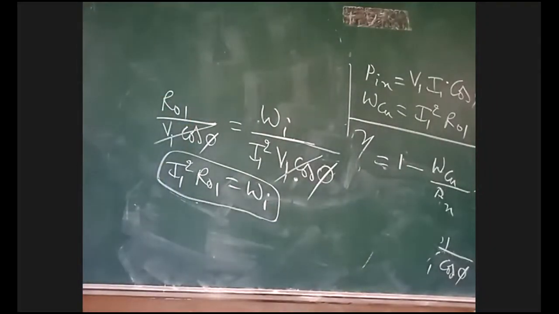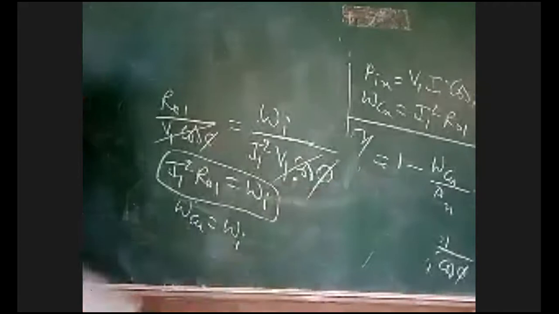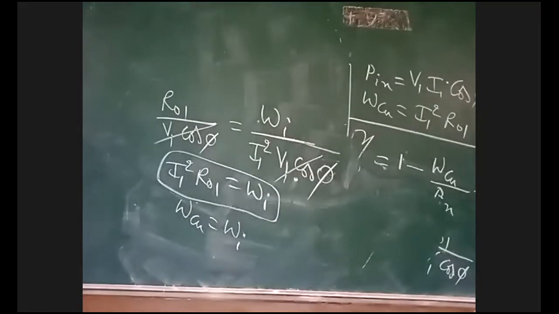After taking the derivative and equating it to 0, we are getting the condition for maximum efficiency. On the left side, I1 square into R01 is the copper loss. That is equal to iron loss.